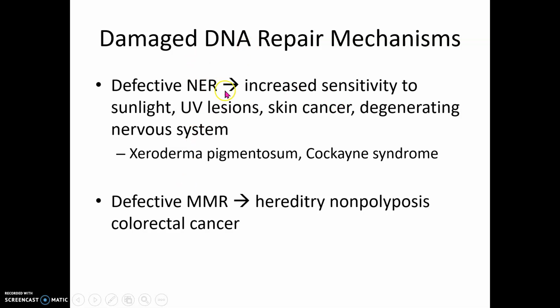So nucleotide excision repair has been linked to skin cancer, and mismatch repair mechanisms have been linked to a type of colon cancer. So having defective DNA repair mechanisms can lead to disorders, diseases, and ultimately cancer, depending on which mechanisms are defective.